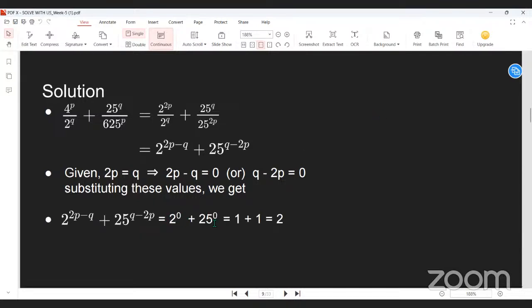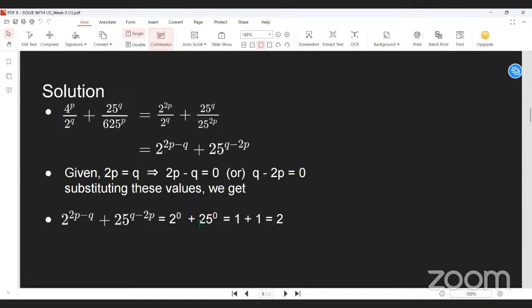And 25 to the power q minus 2p is also 25 to the power 0. So it is 2 to the power 0 plus 25 to the power 0. Anything to the power 0 is equal to 1, except 0. When the base is 0, it is undefined.